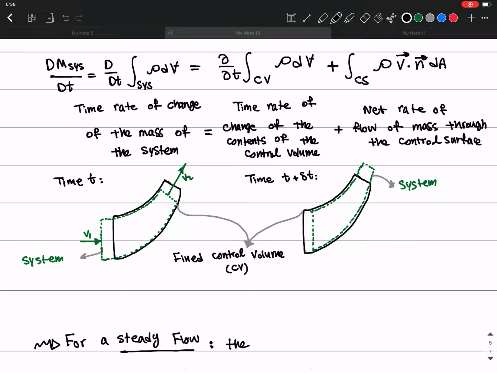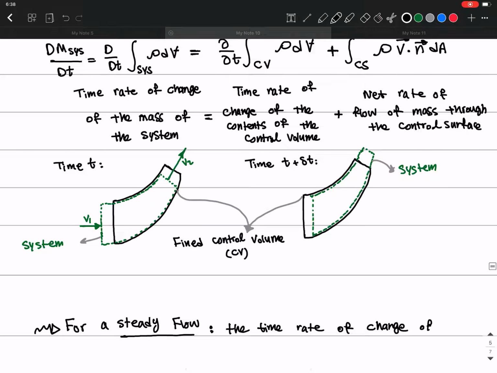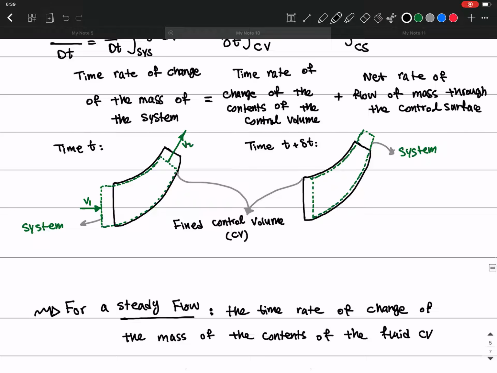So the time rate of change of the mass of the contents of the fluid CV is 0.